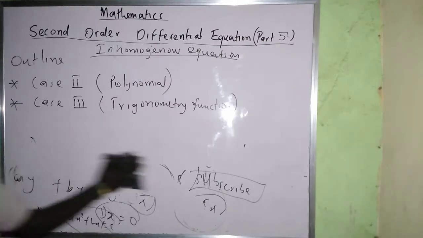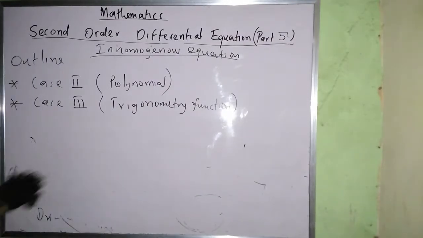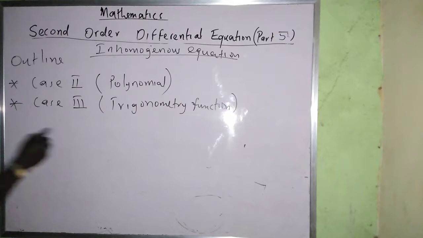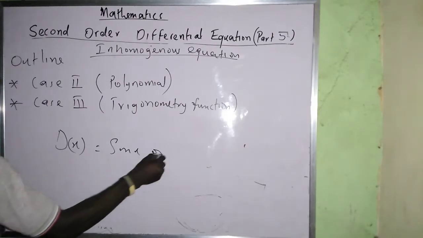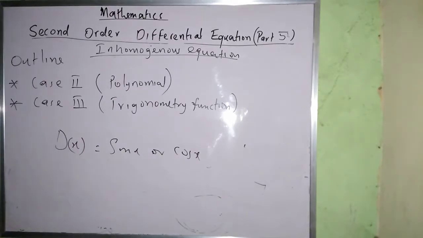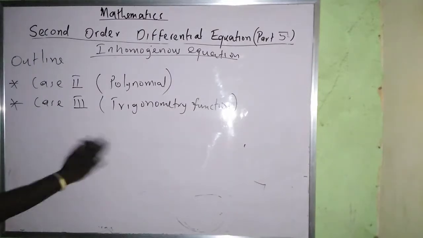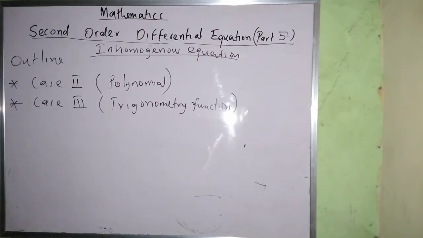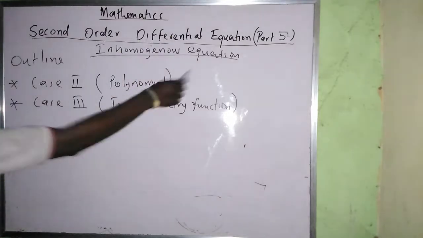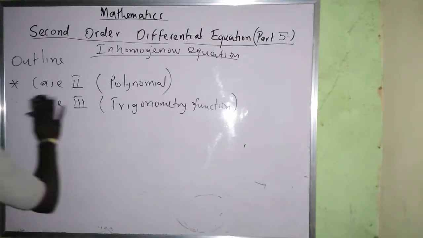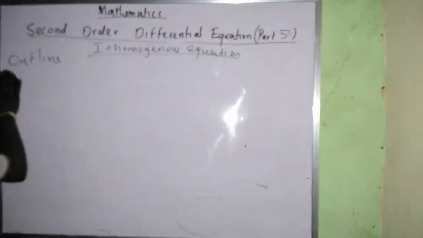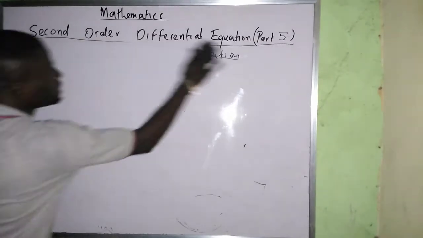And in case 3, we are talking about the supplementary function, if my d of x is sine x or cos x, or tan x, and so on. At the end of this video, you should be able to understand the first, second and third cases. If you do not, please review it over and over.